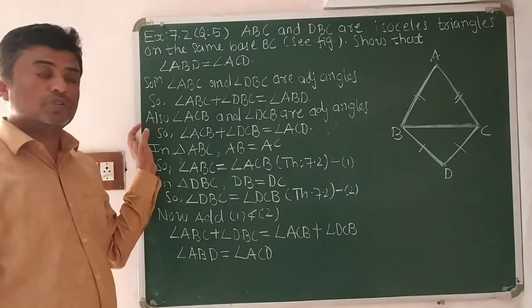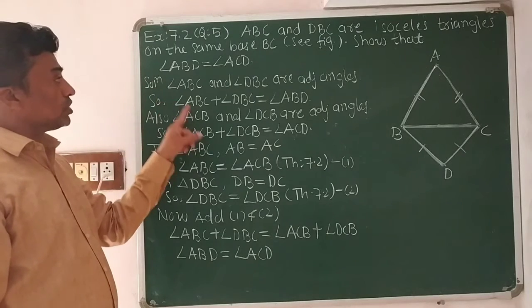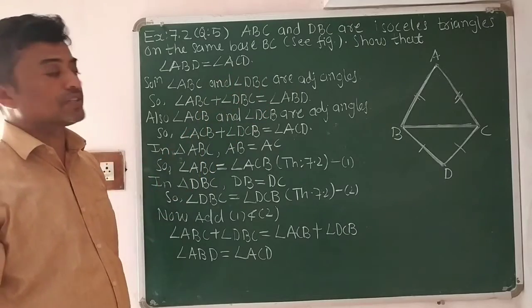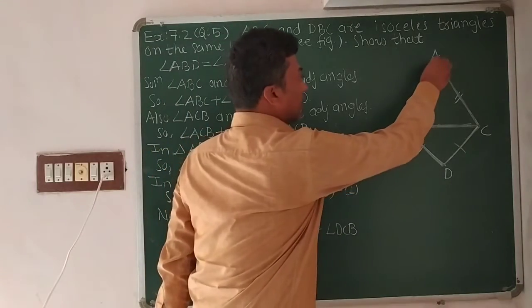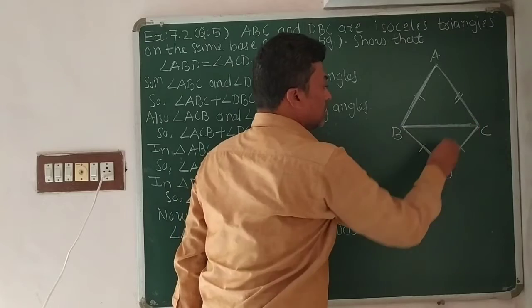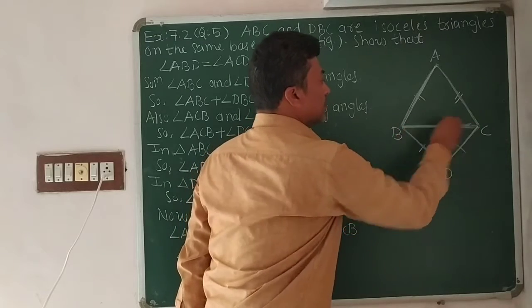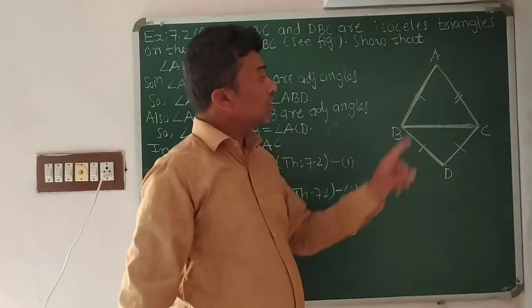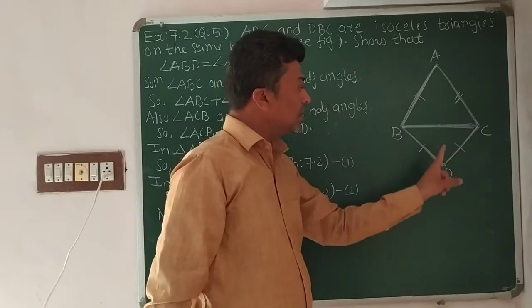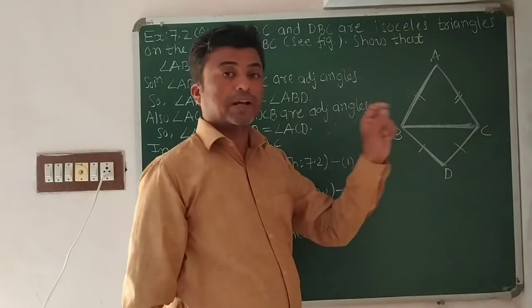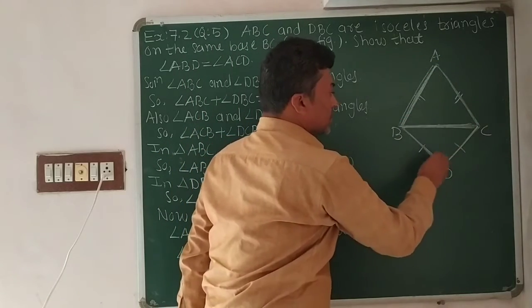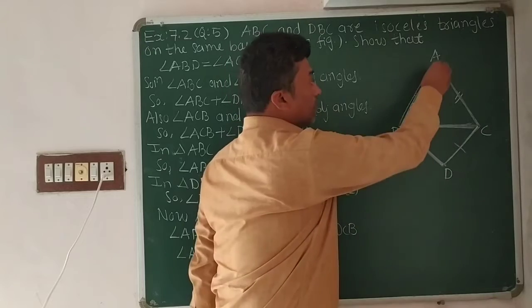Now we will solve this question. Solution. See children, angle ABC and angle DBC are adjacent angles. Angle ABC means this angle and angle DBC means this angle. These both angles are adjacent angles. So angle ABC plus angle DBC is equal to what?